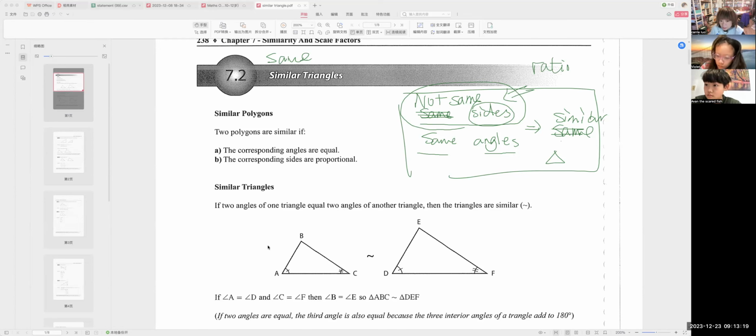Violet and Evan, take a look. So A equals D, C equals F. So of course, B will equal E. Do you know why? Because all the angles added together equal 180 degrees. So B must equal E because they are minus the same angles.